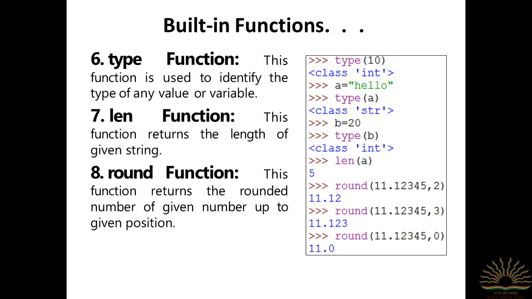Length of a: there are 5 characters in it, so it will print 5. For round, we use round of 11.12345 comma 2. Comma 2 means 2 decimal places, so the answer will be 11.12. After the comma, whatever you write describes how many decimal places you want in your answer.